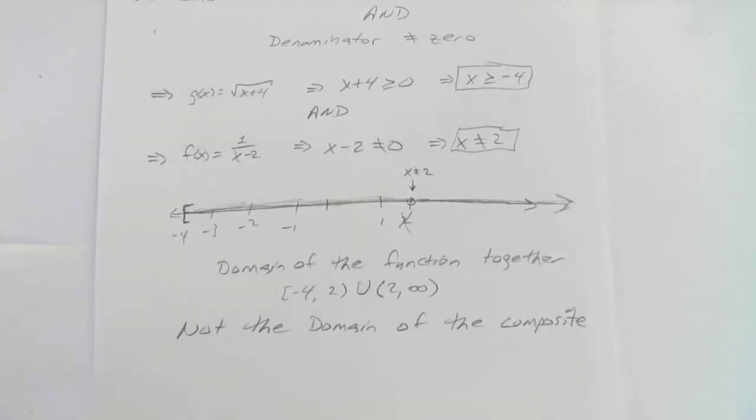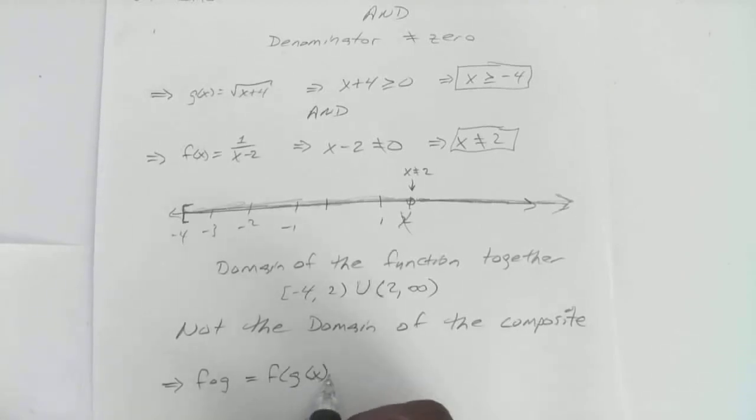Okay. Now to find the domain of the composite, of course you have to find the composite first. So f of g, remember that's just your f of g of x. Okay, so our g of x is square root of x plus 4.